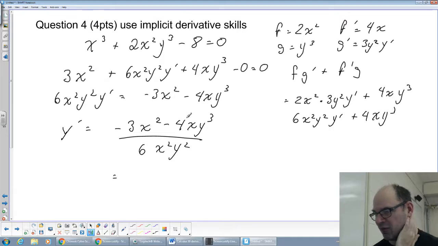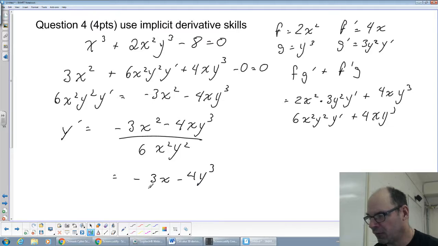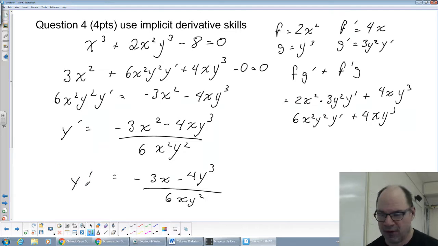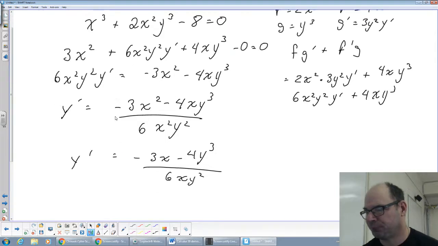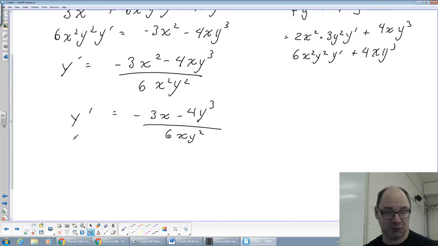We can't reduce 3, 4, and 6. So reducing an x out of each, 3x minus 4y cubed all over 6x y squared. That's our implicit derivative. Okay, and that's our second last question.